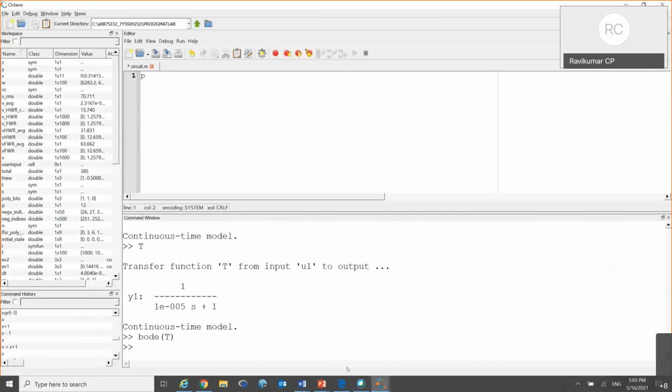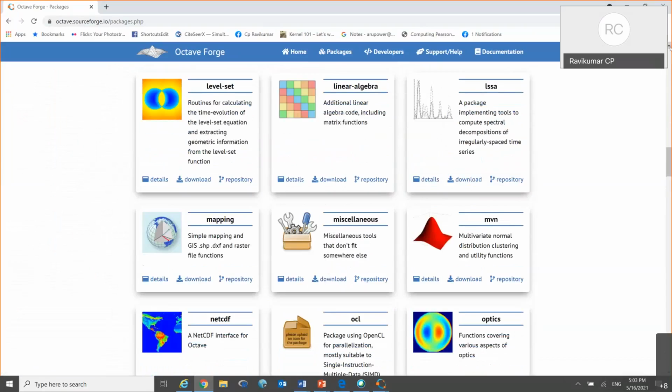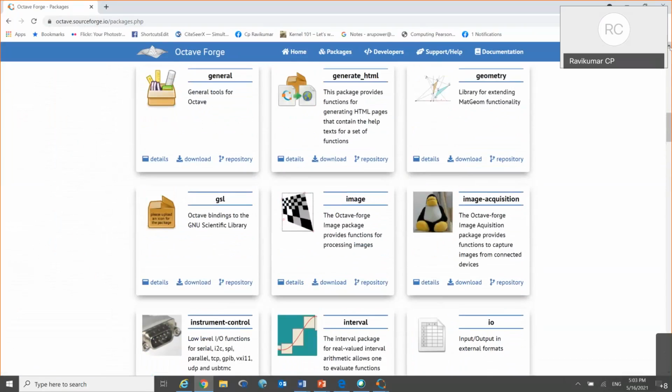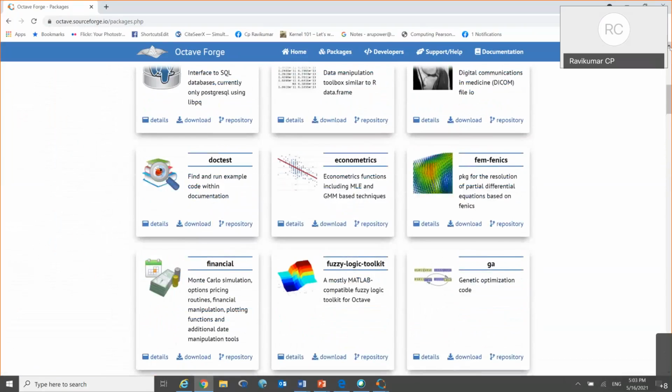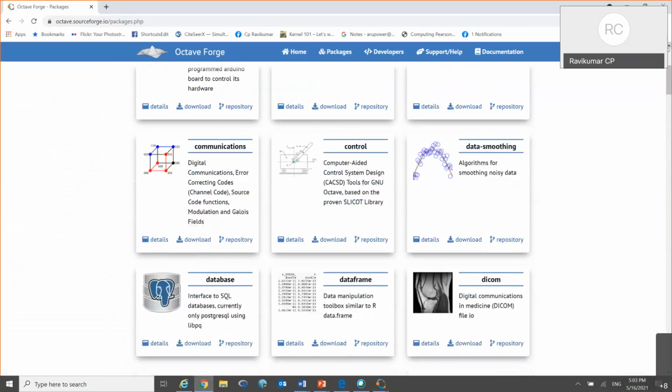If you want to know what else is possible, I suggest you go to this control repository. If you have taken a course on control theory, and at that time you need any of these things, you can go here.